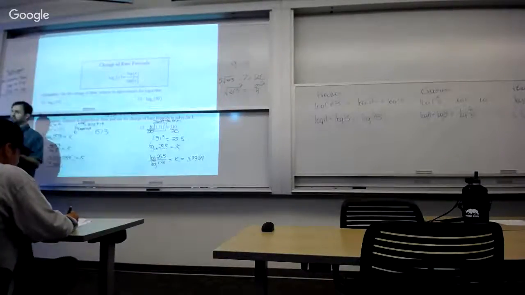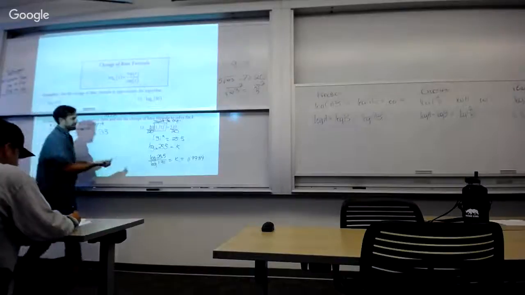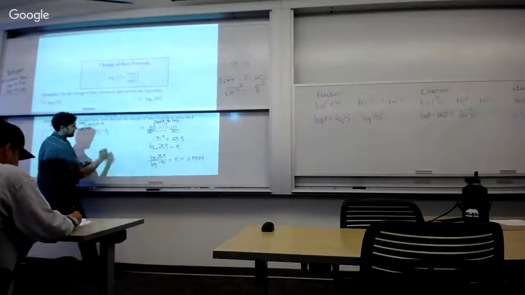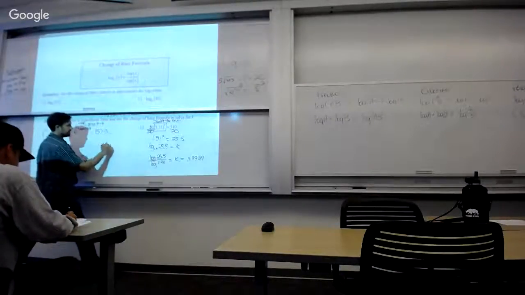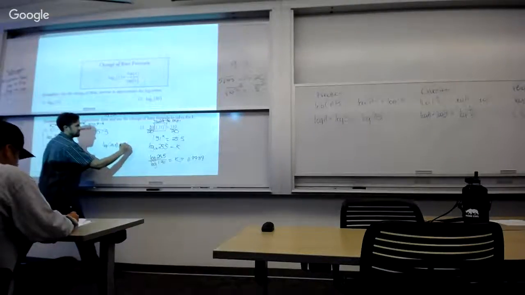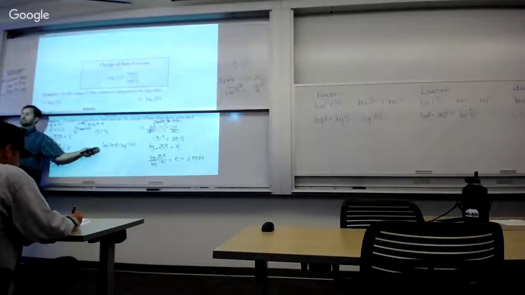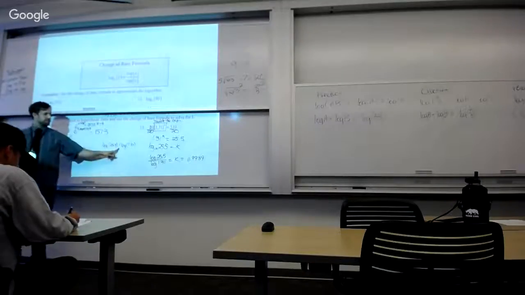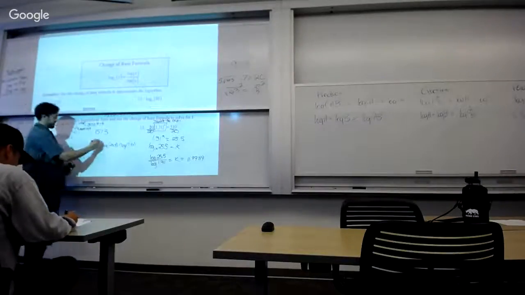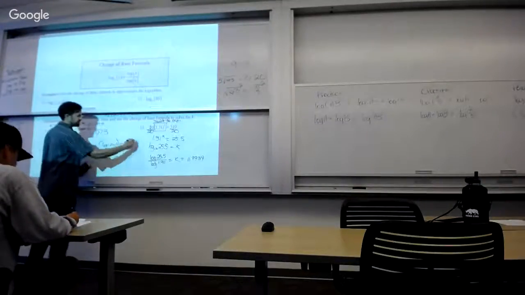Can I just share a calculator insight? When you type that into your calculator, you might just type in log parenthesis 25.5 divided by log parenthesis 1.31. And when I see that, I get nervous. I cringe a little bit. Because technically speaking, anytime you use the division symbol on your calculator, you should wrap the numerator in parentheses and wrap the denominator in parentheses.